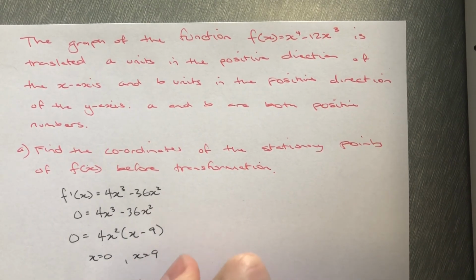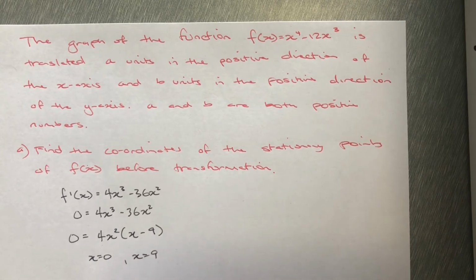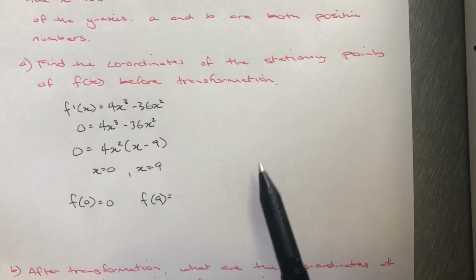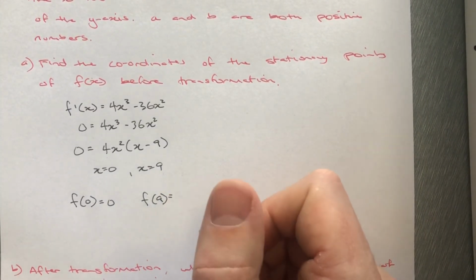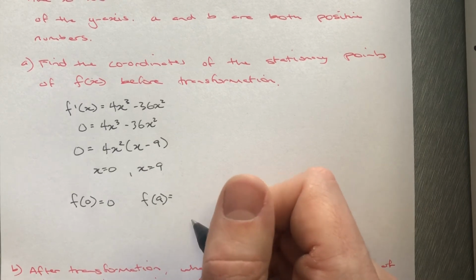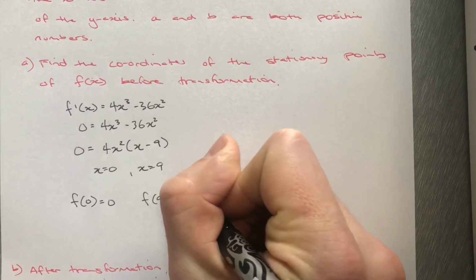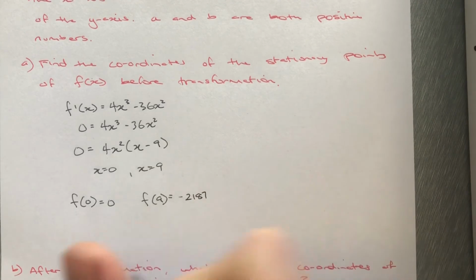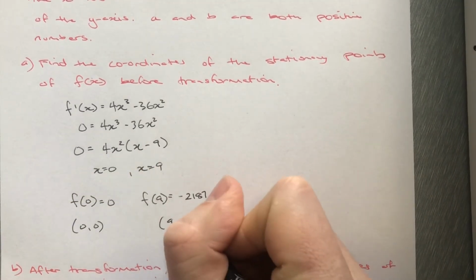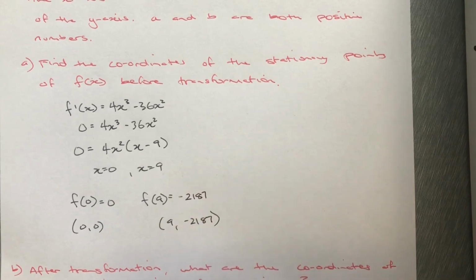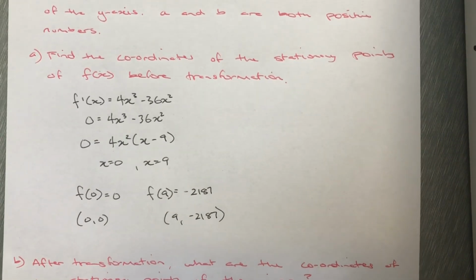And f of 9, what's that going to give us? If you sub it in, it ends up being a pretty big number. I'm not going to do it right here. You guys can do it yourself or put it in your calculator. It's going to be negative 2,187. So that one gives that coordinate, and that one gives this coordinate. Cool, so we have our coordinates of stationary points.